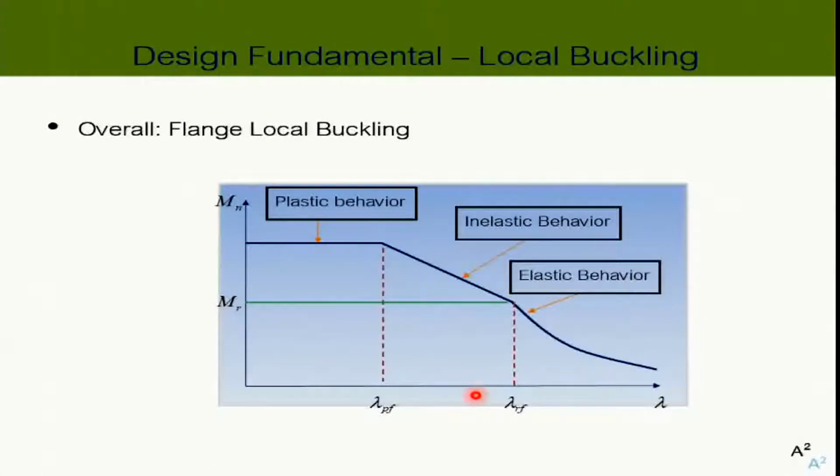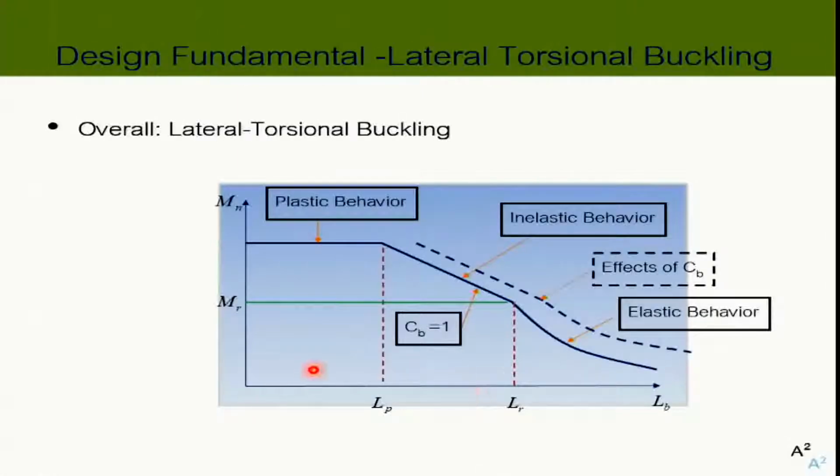The next is the overall behavior of lateral torsional buckling. Now we will compare this with the unbraced length. If the unbraced length is less than Lp, this is the length for the plastic moment, right? You can reach Mp.